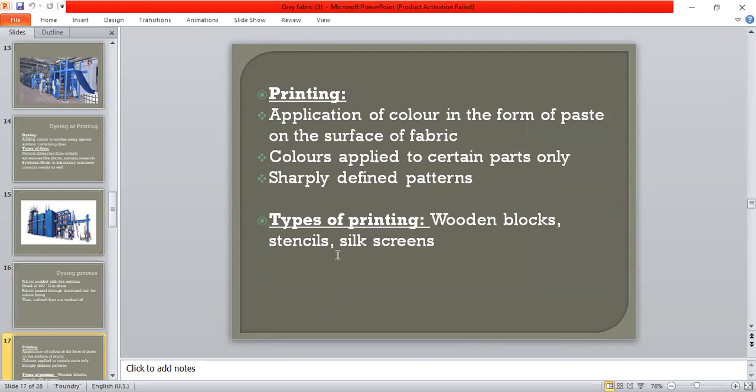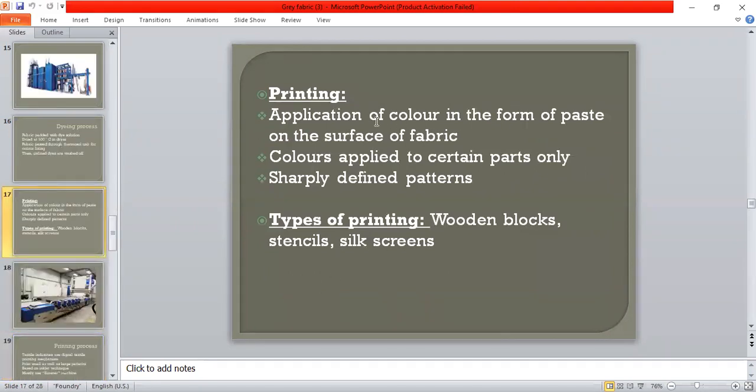Next is printing. Printing is the application of color in the form of paste on the surface of fabric. Colors are applied in certain parts only. Certain parts are where there are some kind of patterns. Patterns like the paisley pattern, some symmetrical patterns are there.